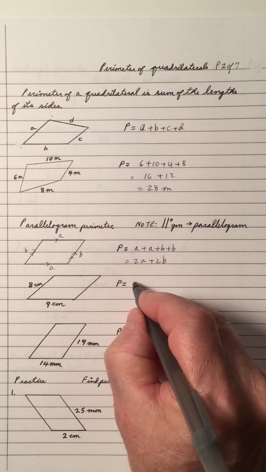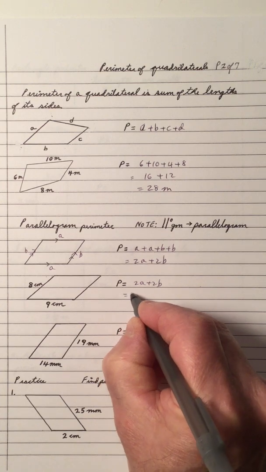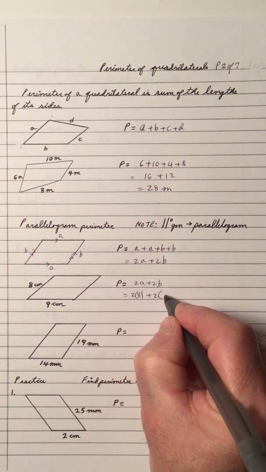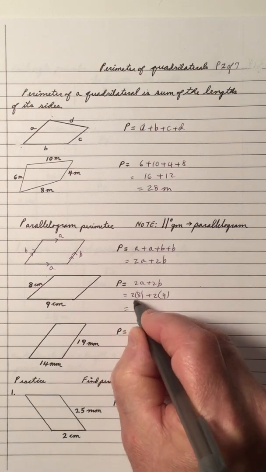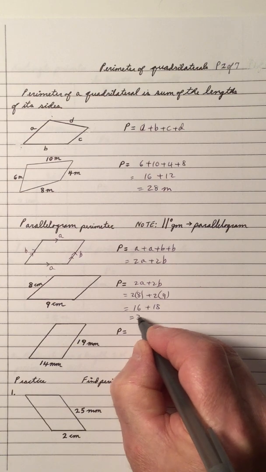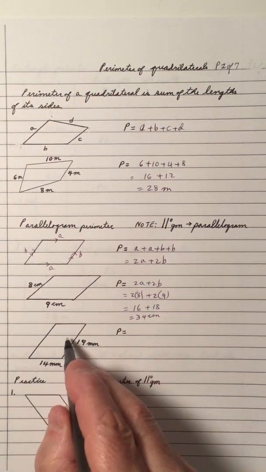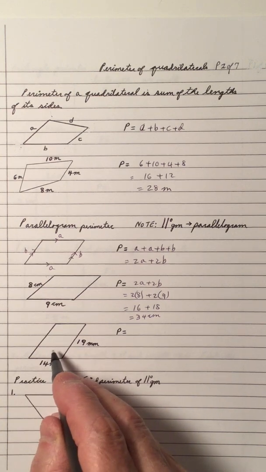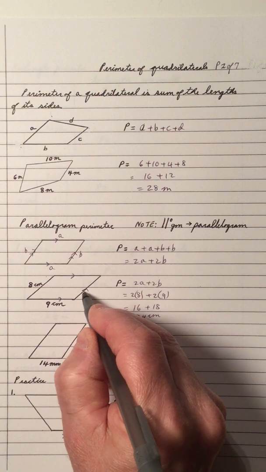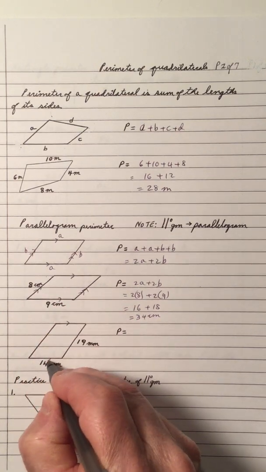And in this case we have 2A plus 2B, and A is 8 and B is 9. And that gives us 16, 18, which is 34, and we have centimeters. And again, this is a parallelogram, and the opposite sides are parallel to each other, like up on top, and the same here.